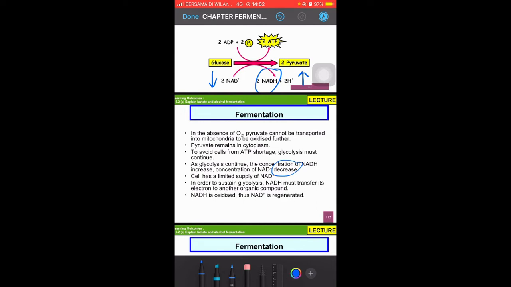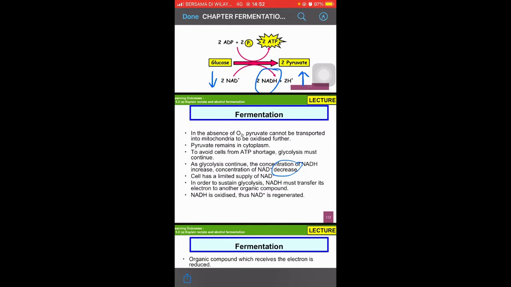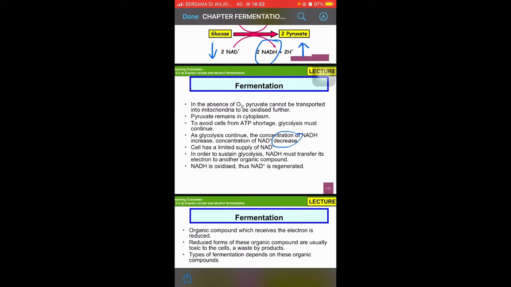So bila dah berlakunya macam ni, sel kita akan menghadapi limited supply of NAD plus. Bila dah berlaku sangat macam ni, proses glycolysis dia takkan berlaku sebab tak ada NAD plus yang menolong dia untuk menghasilkan pyruvate.